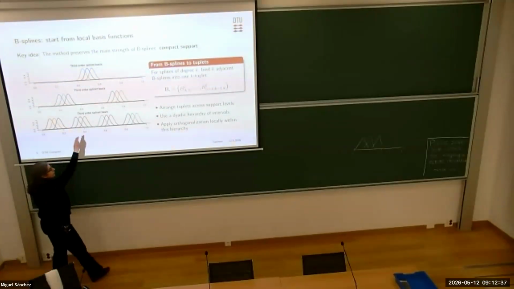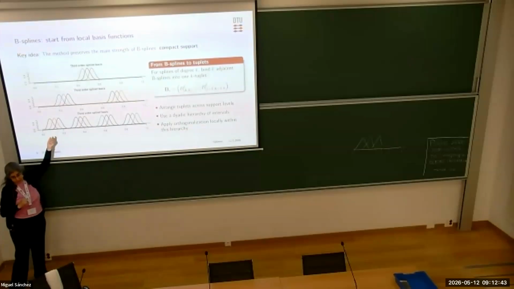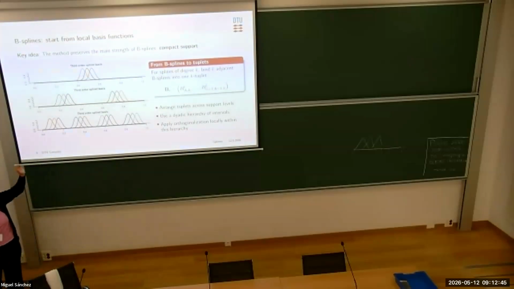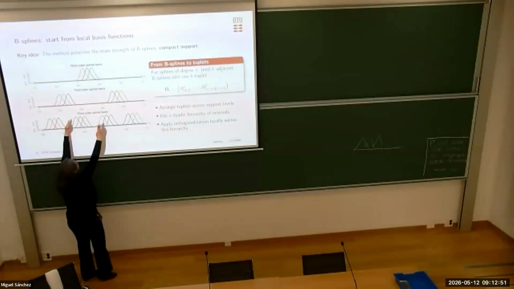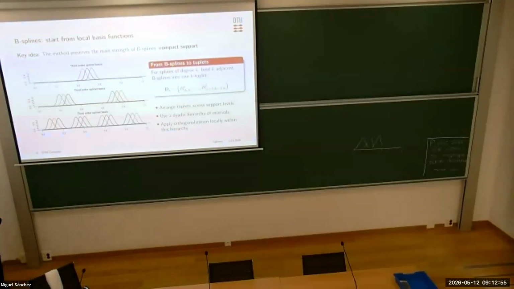And the same for that one. Of course, I should not forget to orthogonalize them with respect to each other every time. At the very top, we have one triplet which has to be orthogonalized with respect to those two only, because it has very disjoint support.